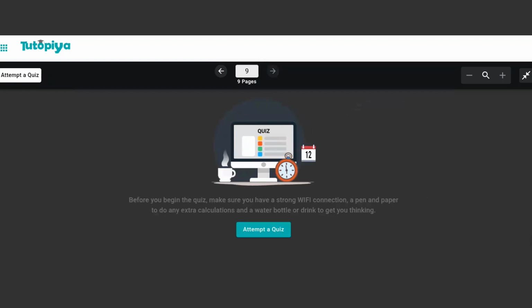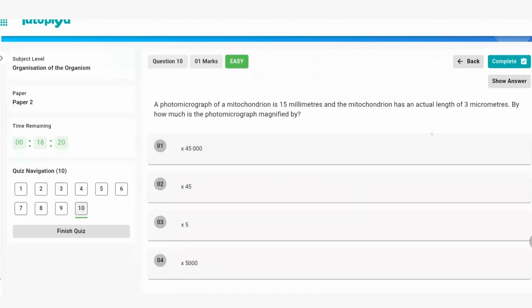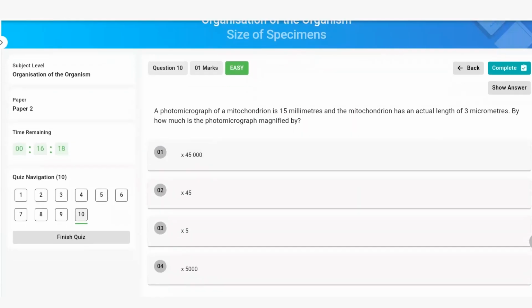All right, here's another easy question for you. A photomicrograph of a mitochondrion is 15 millimeters. I'm going to highlight that, 15 millimeters. And the mitochondrion has an actual length of 3 micrometers.